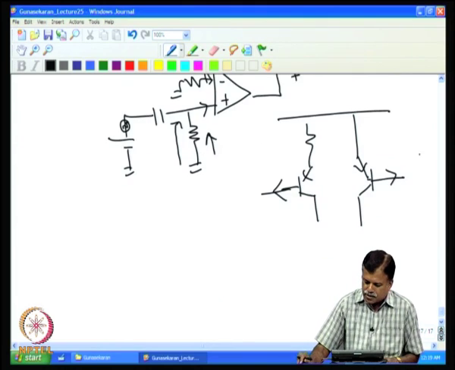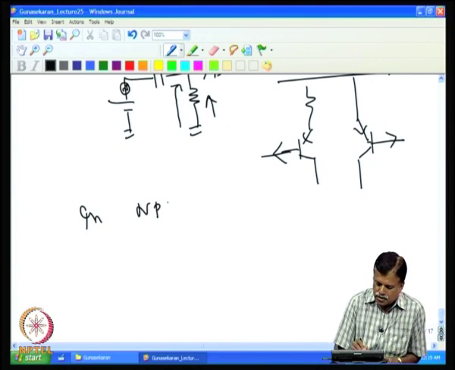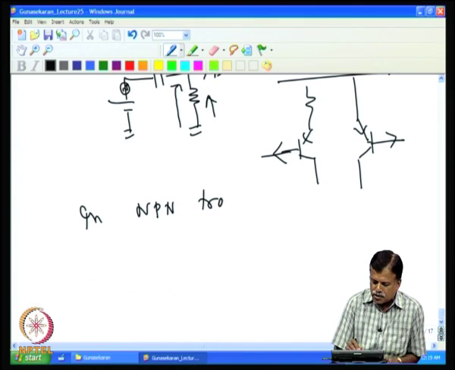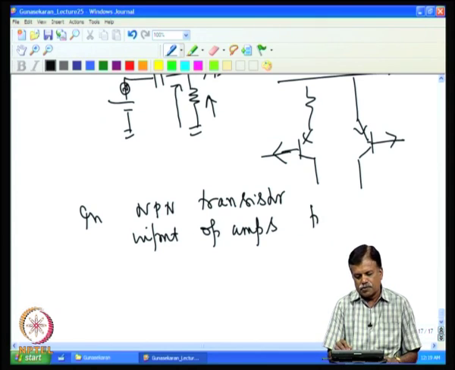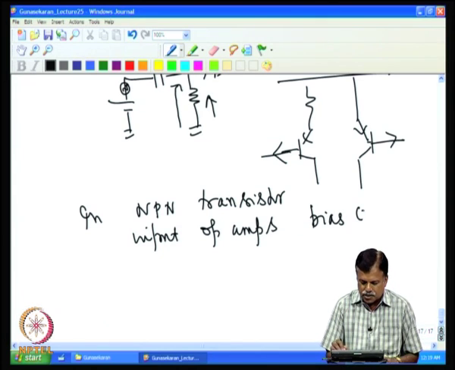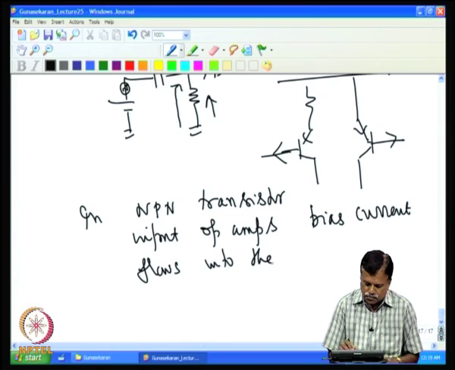In NPN transistor input op amps, the bias current flows into the input.